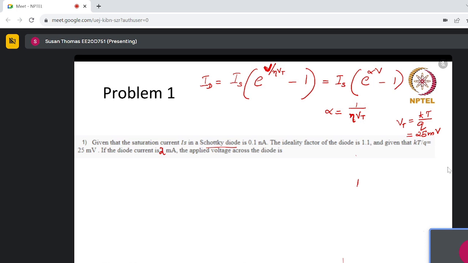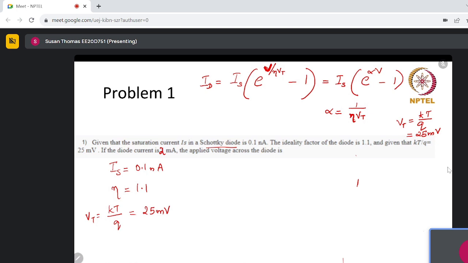You are given that the saturation current is 0.1 nanoamperes. Ideality factor is 1.1, that is eta, and kT by q is nothing but Vt, which is 25 millivolt.